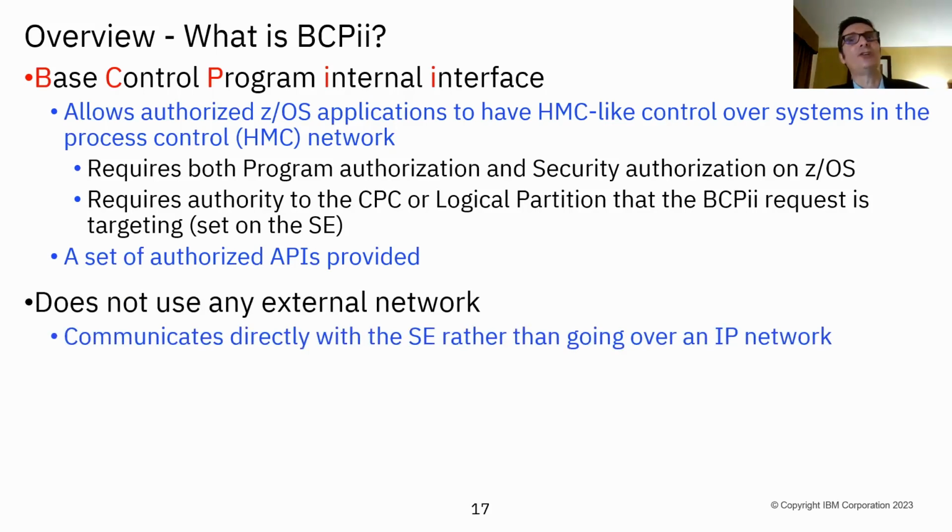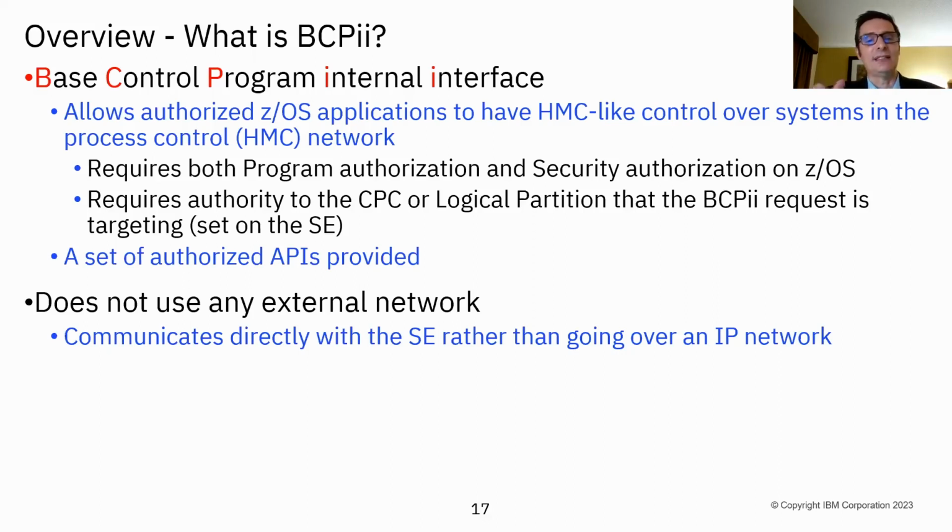One of the key distinctions of BCPii is that it does not use any external network. This is a very critical design point that's worth exploring for a few seconds. BCPii does not use TCP/IP to communicate with the support element or with the HMC. This is a distinction that is very interesting.